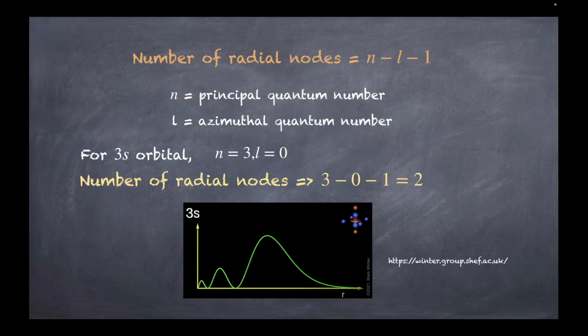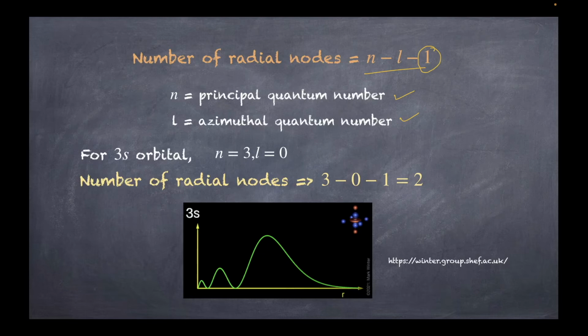Now what is the expression for computing the number of radial nodes in a particular orbital? This is the expression: n minus l minus 1, where n is the principal quantum number and l is the azimuthal quantum number. We are subtracting this 1 because at infinity, that means at very large distance away from the nucleus, the wave function asymptotically becomes 0.